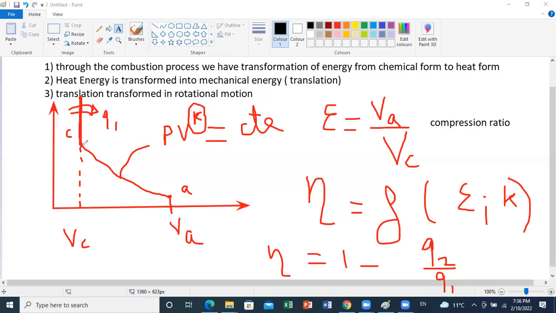Okay, and here we'll take the assumption of ideal gas. So we will treat the fluid as an ideal gas. Okay, for a constant volume process, who can tell me what is the equation of an ideal gas for a constant volume?